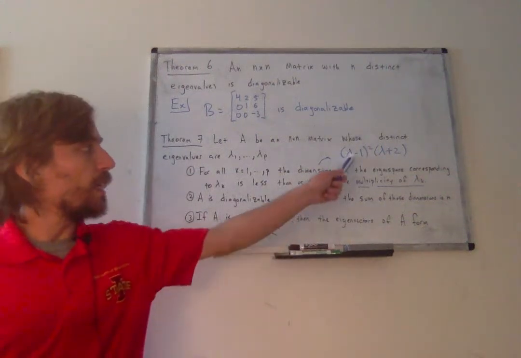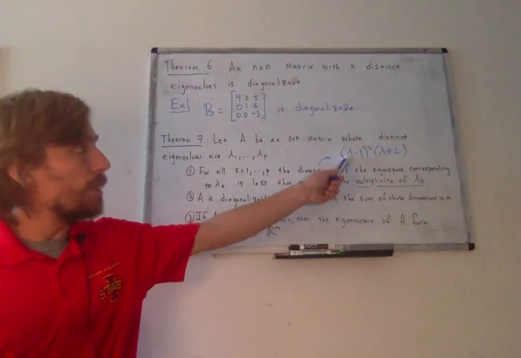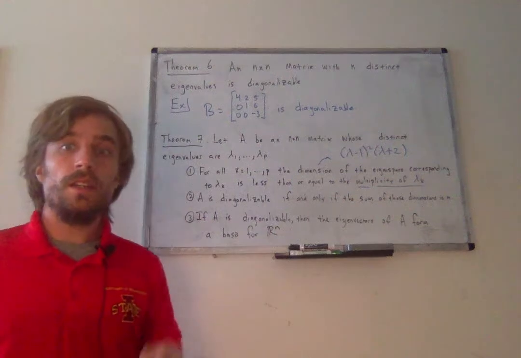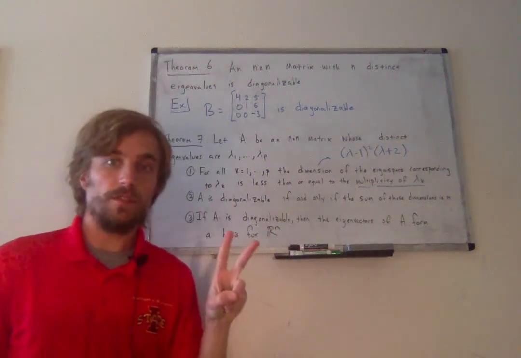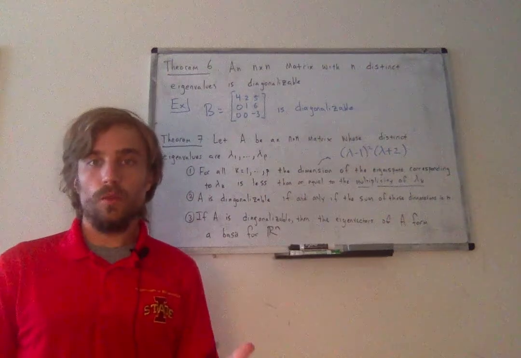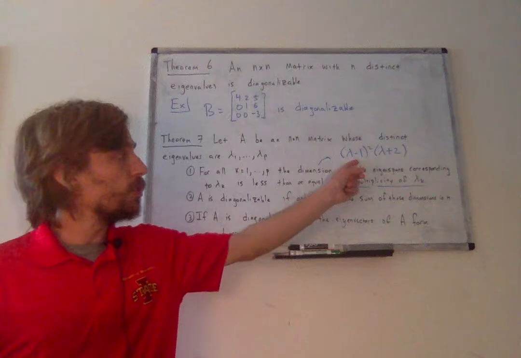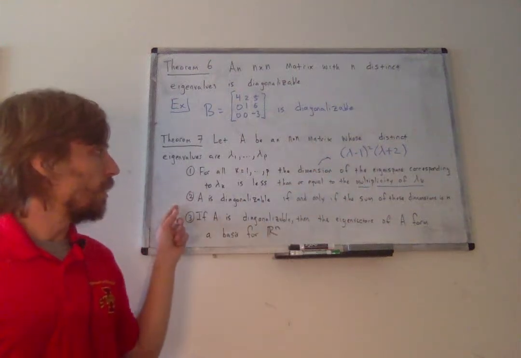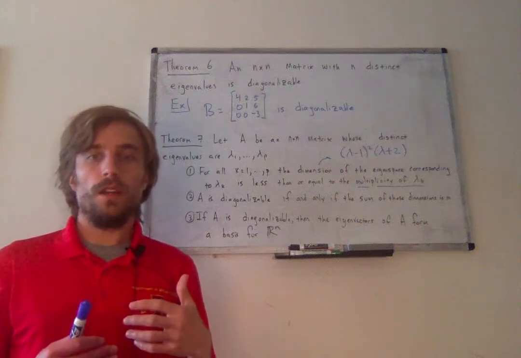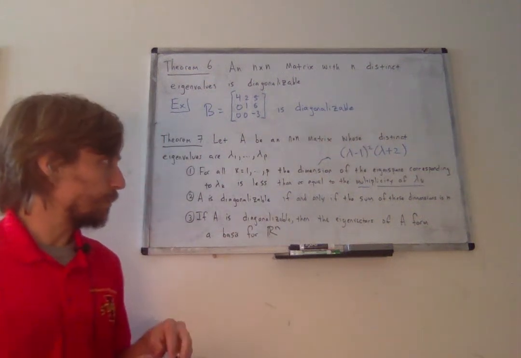So again, if this was the characteristic polynomial of some matrix, the matrix would be diagonalizable if and only if the eigenvalue 1 had two linearly independent eigenvectors corresponding to it, and the eigenvalue negative 2 had one eigenvector. And 2 is basically just restating Theorem 5 from last video, that the matrix is diagonalizable if and only if it has n linearly independent eigenvectors.